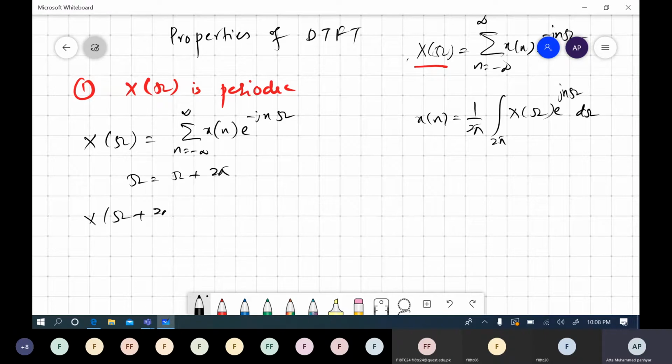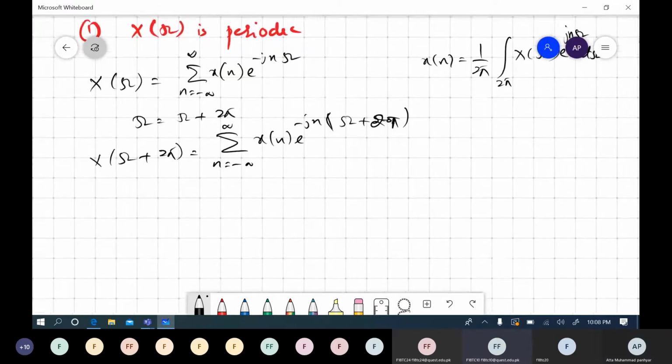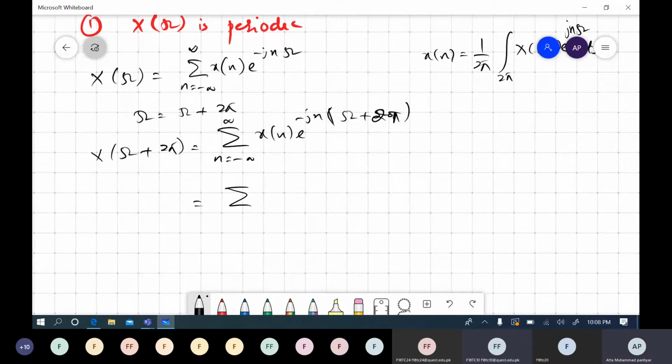X of omega plus 2 pi is equal to summation n from minus infinity to infinity x of n e to the power minus j n times omega plus 2 pi, right? Then by solving it further, we get x of n e to the power minus j n omega times e to the power minus j n 2 pi.